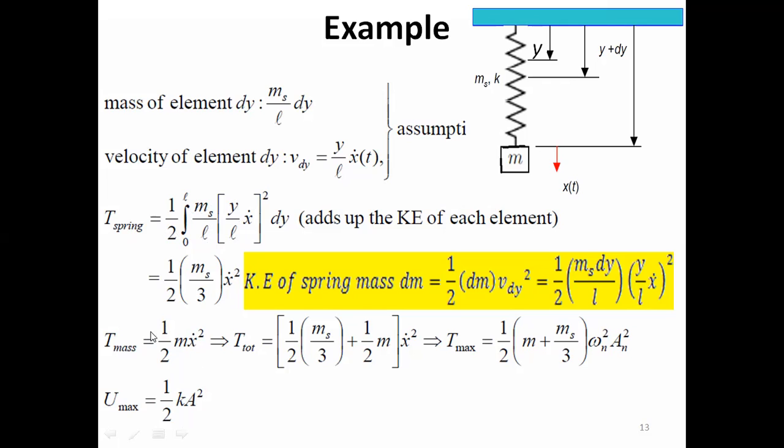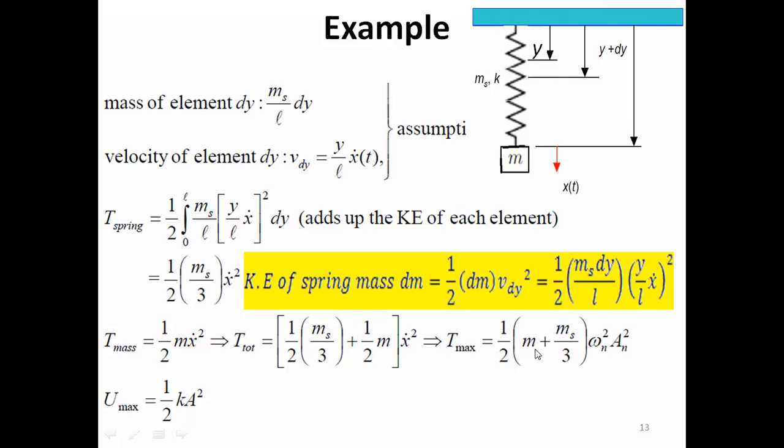So we have the kinetic energy of the mass and the kinetic energy of the spring. Adding these two, we would have the total kinetic energy, which would be half of the kinetic energy of the spring plus the kinetic energy of the mass, and for the maximum kinetic energy you have to put the amplitude for the velocity, which is omega n a.